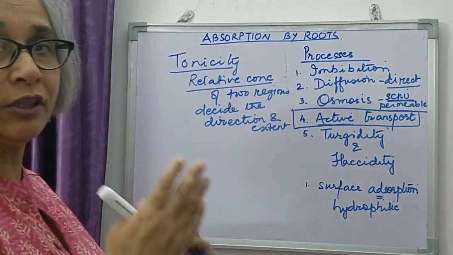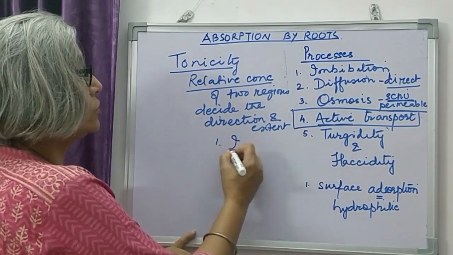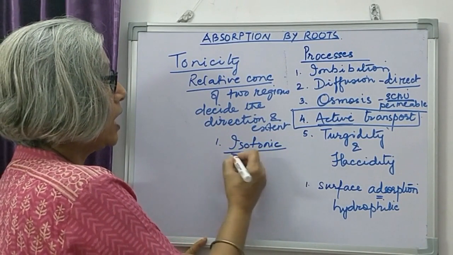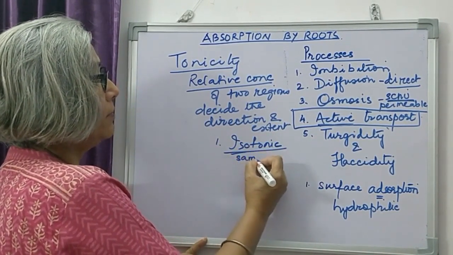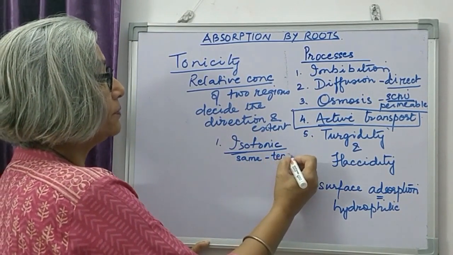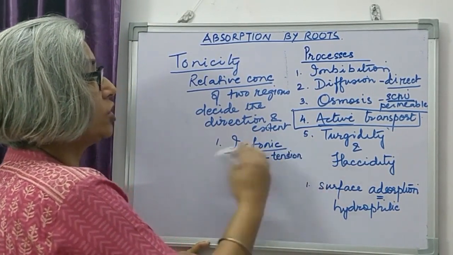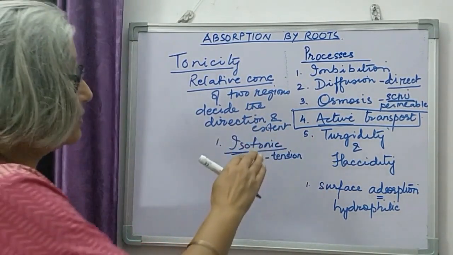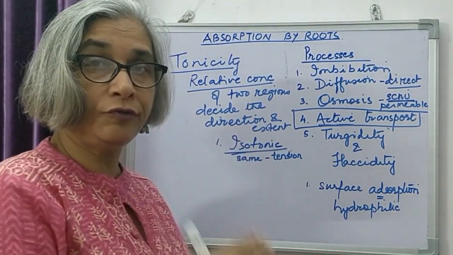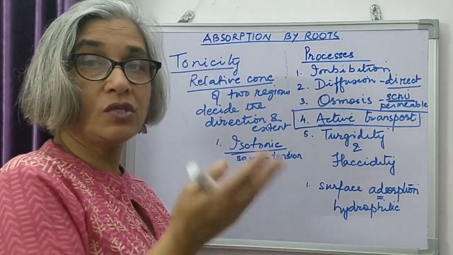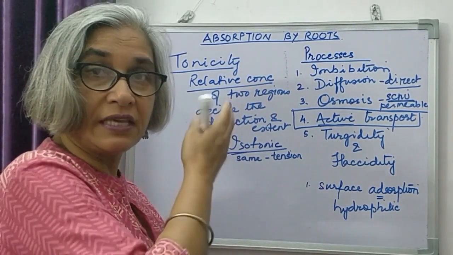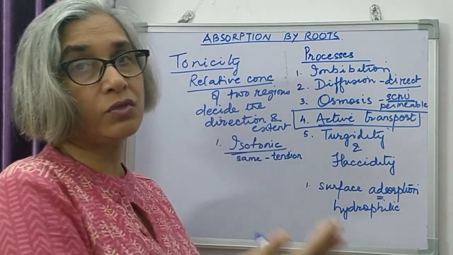So depending upon this, we use three terms. Isotonic solutions. Iso means same and tonic word comes from tension. When there is same tension on both sides of the membrane, that is isotonic, which means the molecules of the solvent, that is water, as well as the solute are same on both sides of the membrane, that is inside the cell as well as outside the cell.